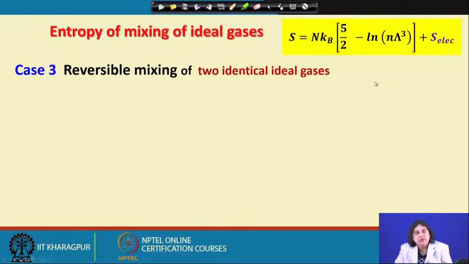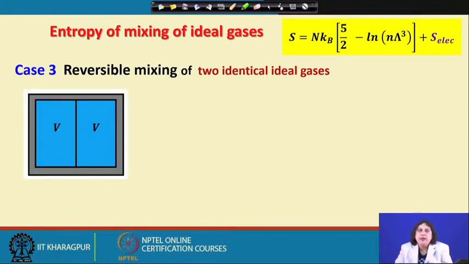So, this brings us to the final and most interesting case, and this is a case of reversible mixing of two identical ideal gases. So, what is it that we are trying to do here? I have in the initial equilibrium state the same gas on both sides of the partition, and I reversibly withdraw the partition separating the two halves of the box. Now, what will happen?